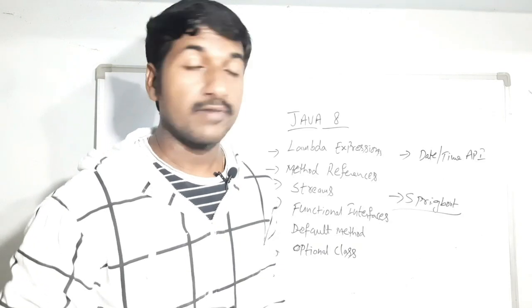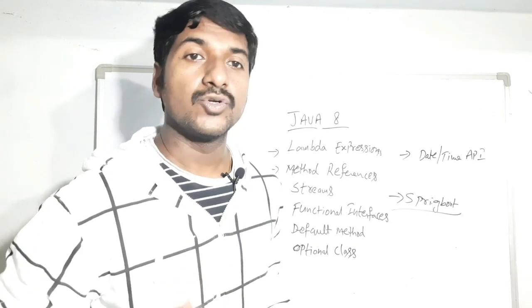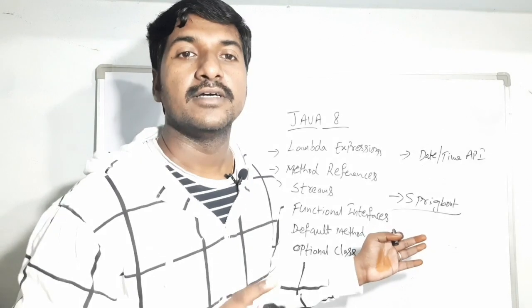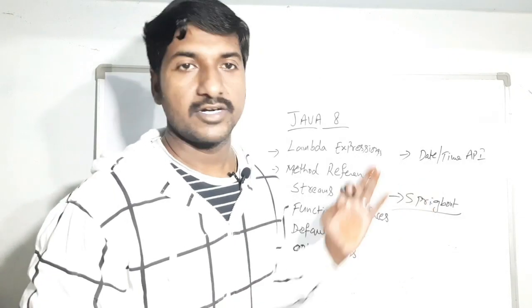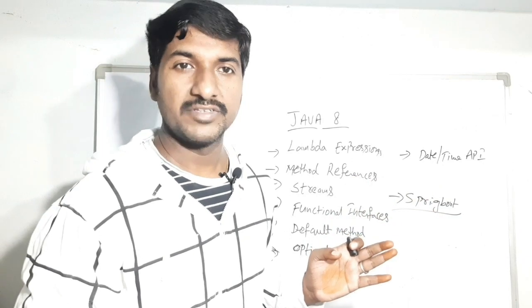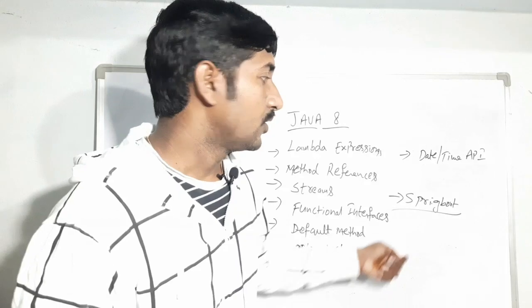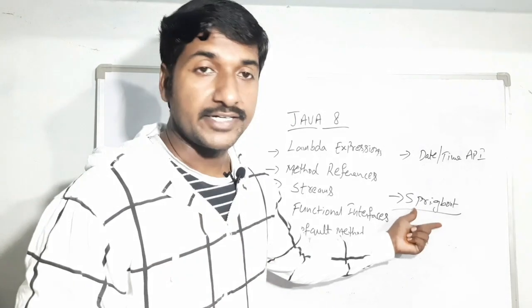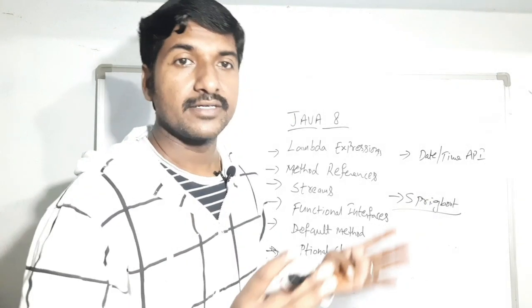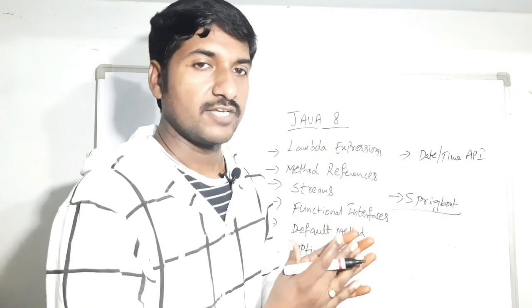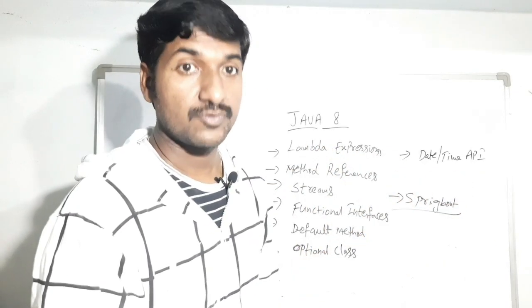I'm planning to upload another video on the difference between monolithic architecture and microservice architecture, in simple language. For Spring Boot, they ask different types of questions, like how you migrate a traditional project to a microservice architecture.